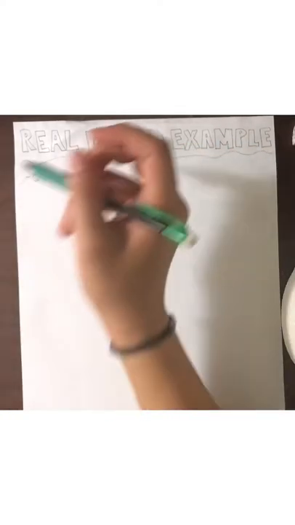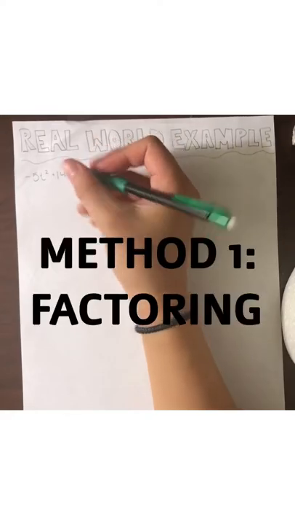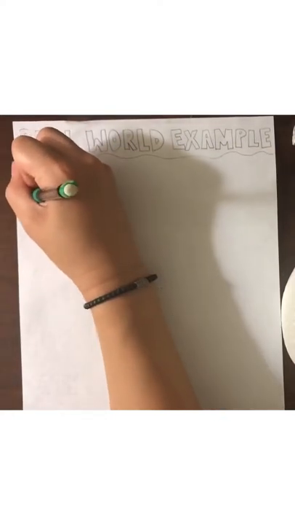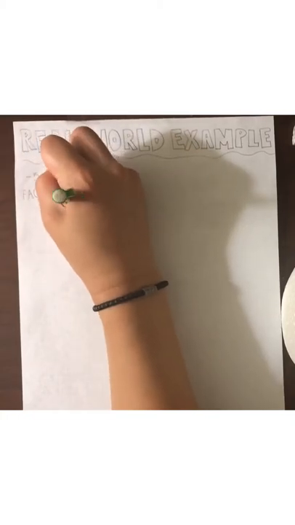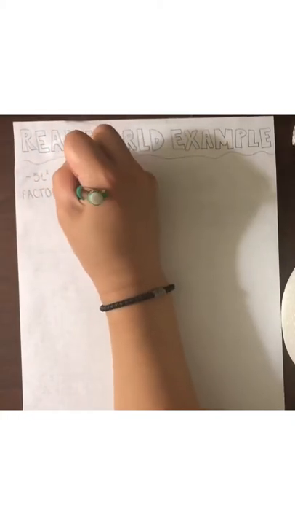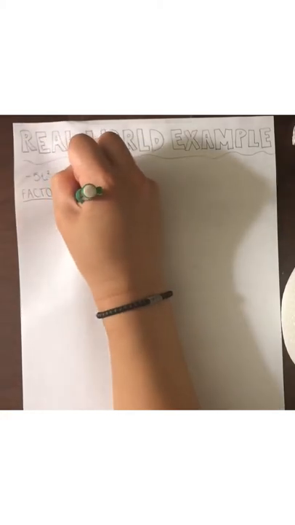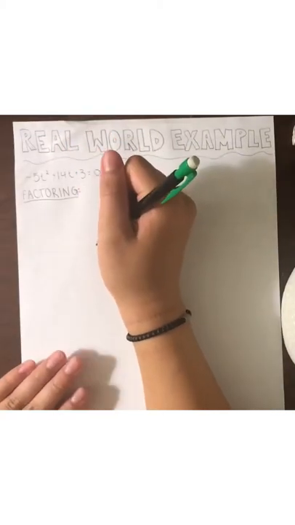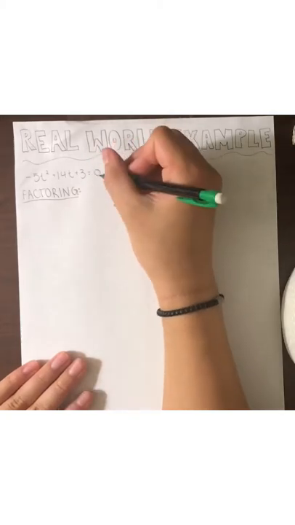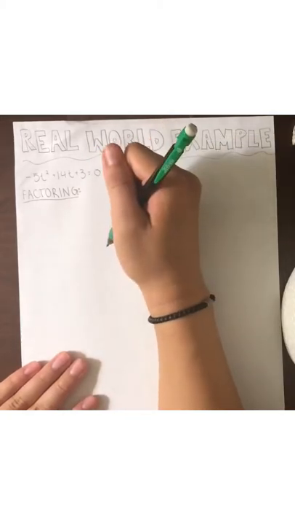The first method we will be discussing is factoring. Using the original equation, you have to multiply all of the terms by -1.